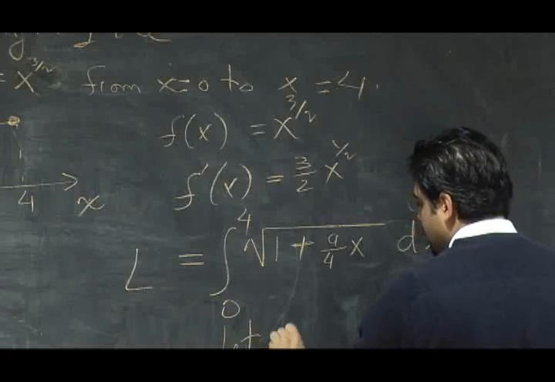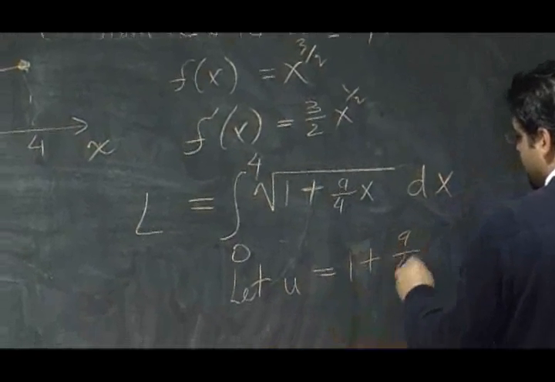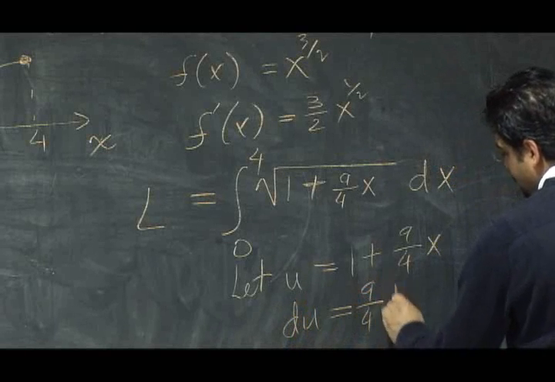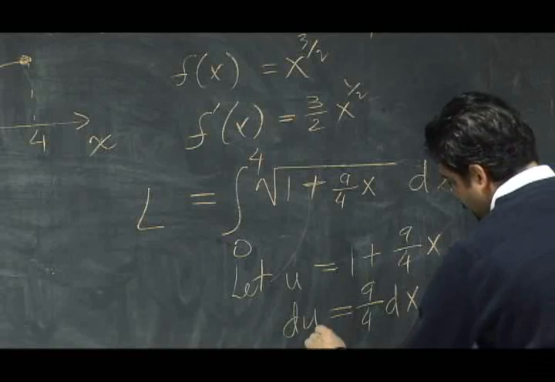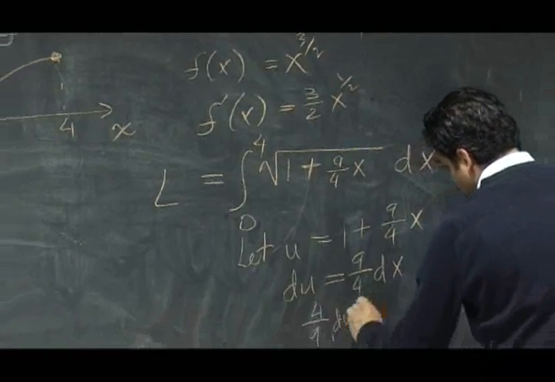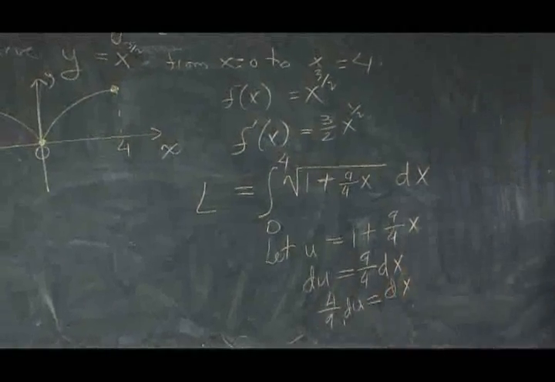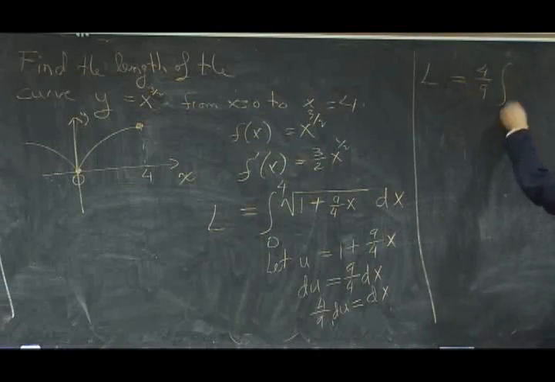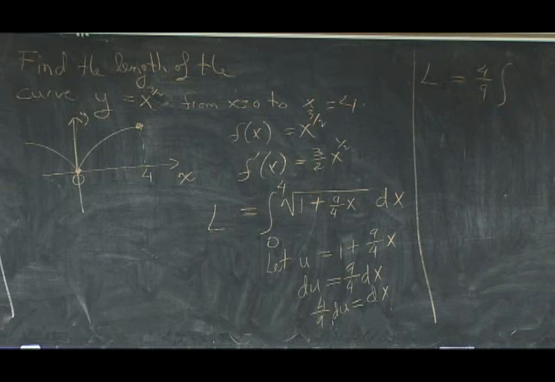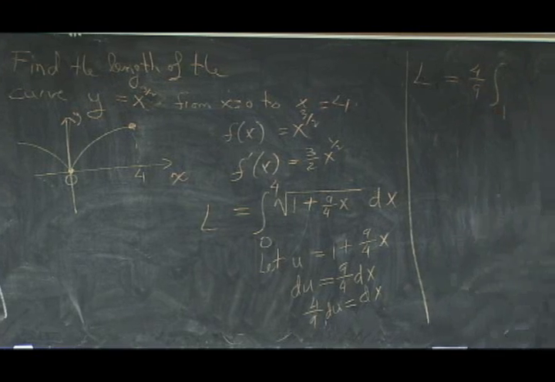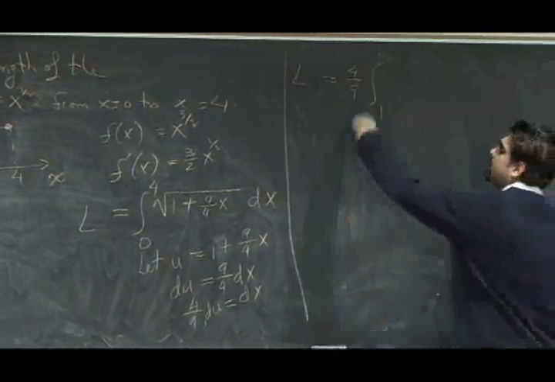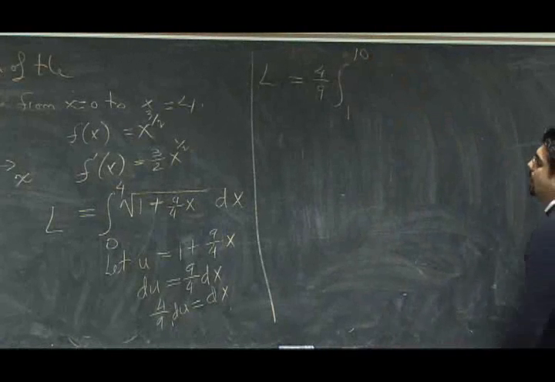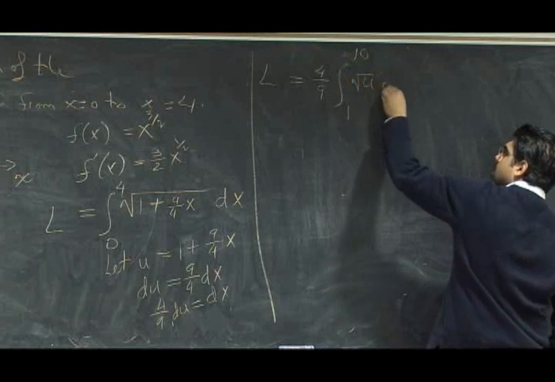Okay? And this is a pretty easy integral. We can make a substitution. Let u be 1 plus 9/4 x. Then du is 9/4 dx. And so 4/9 du equals dx. Okay, so L would be 4/9 integral. We have to change these limits. When x is 0, u is 1. When x is 4, u is 10. And we have the square root of u here. Yes?